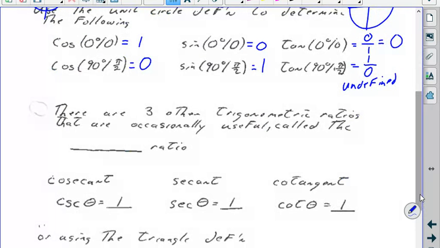Now, here's where we're getting to something new. Last year you talked about sine, cosine, and tangent, the 3 basic trigonometric ratios. There are 3 other ratios that we are going to use in this unit and throughout the trade, and they are called the reciprocal ratios.